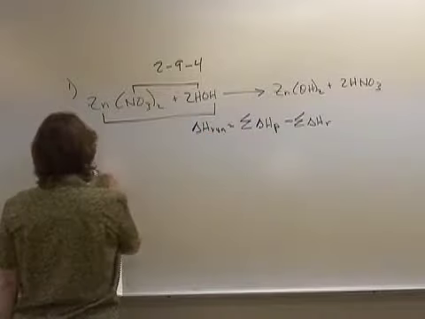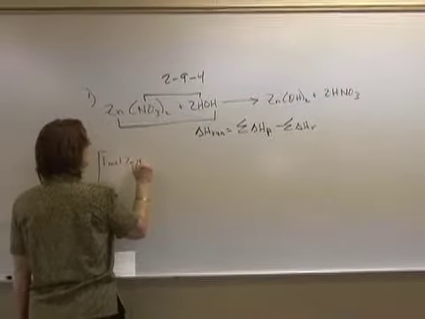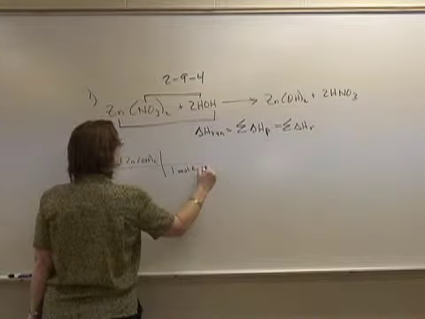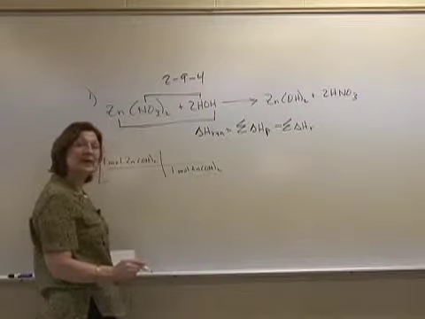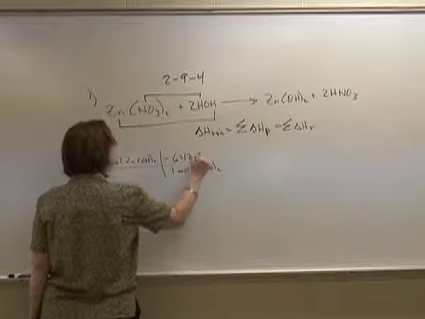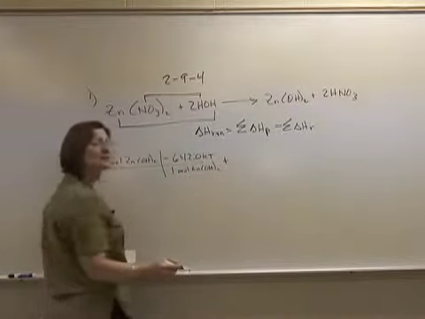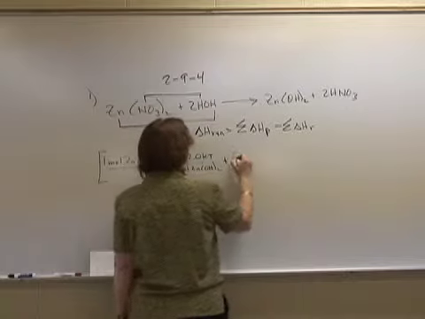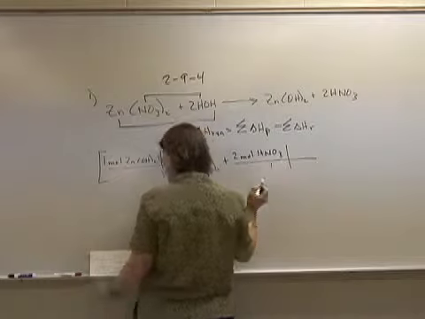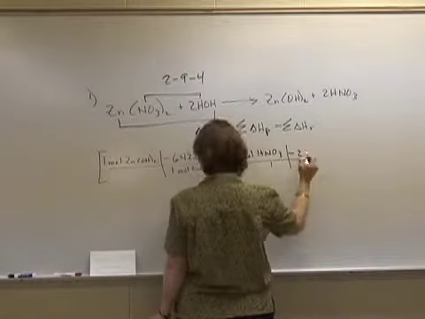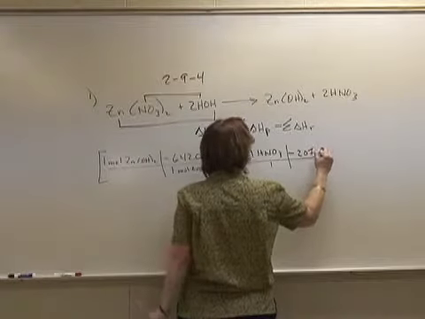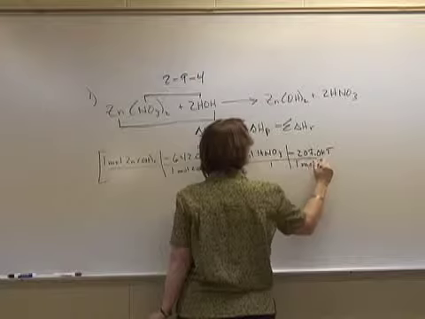I have 1 mole of zinc hydroxide, and each 1 mole of zinc hydroxide that I look up in my thermodynamic value chart is negative 642.0 kilojoules, plus I have 2 moles of nitric acid, and each mole of nitric acid is minus 207.0 kilojoules for each 1 mole of nitric acid.